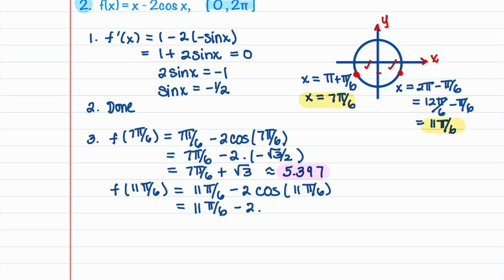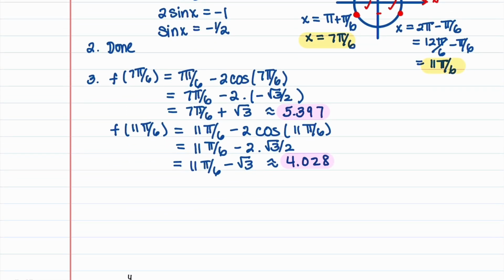Now let's think. 11 pi over 6 is in the fourth quadrant. Cosine is positive in the fourth quadrant. So this is a root 3 over 2. And this gives us 11 pi over 6 minus root 3, and this is approximately 4.028. And let's go ahead and highlight that.